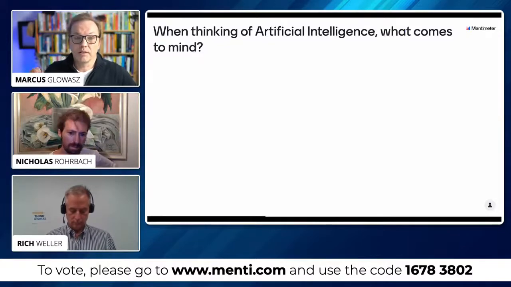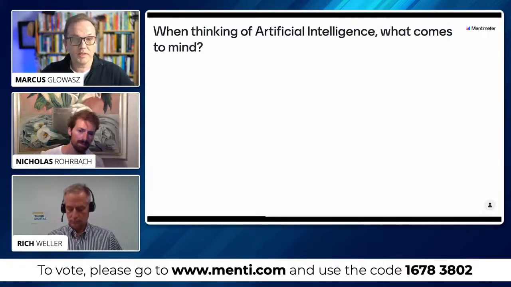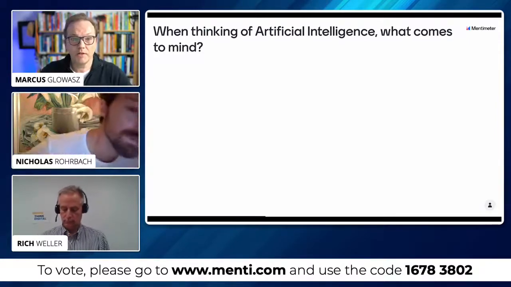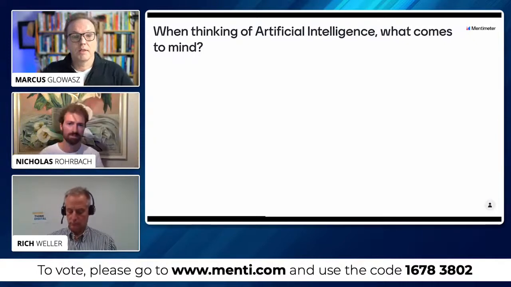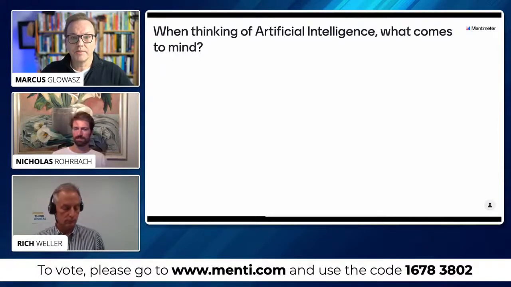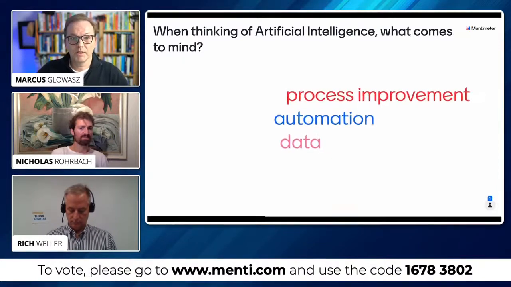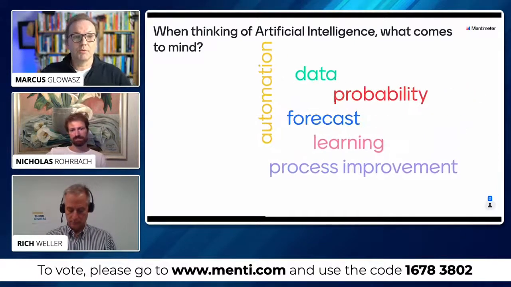This is really just throwing out some words. Whatever pops into your mind, feel free to put that in there right now on menti.com. If you're not on there, you see at the bottom of the screen the address and the code again. Let's give it a minute. When you think AI, regardless of project management, just throw something in and let's see where we get to.